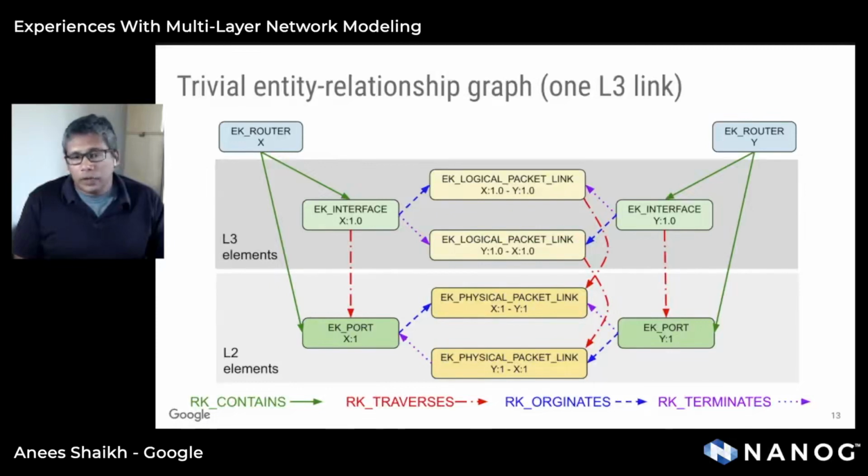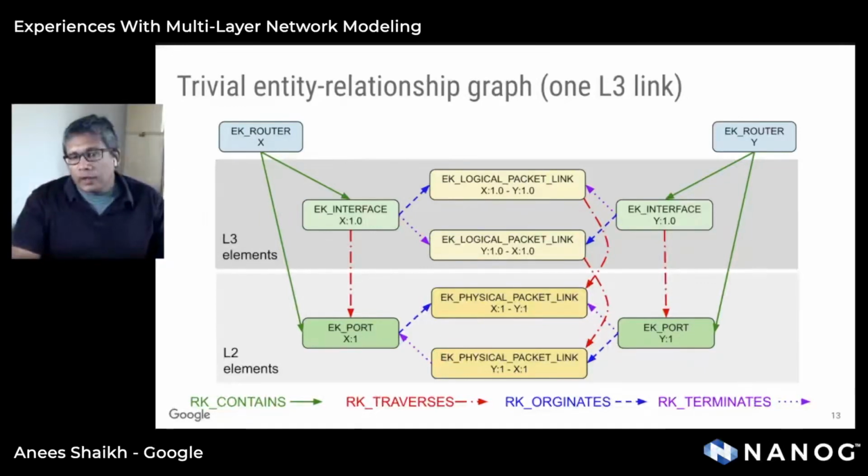It uses a traverses relationship here. And then those similarly have originate terminate relationships with another entity, which is called the physical packet link, which represents the layer 2 adjacency. So we have attributes in each of these entities, which I'll give an example of, and then these relationships are sort of bare in the sense that they just capture the relationship, but no attributes.